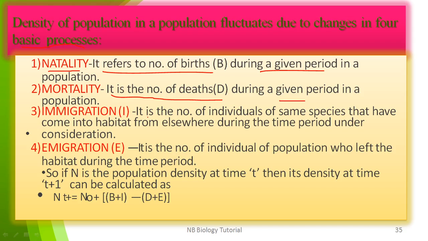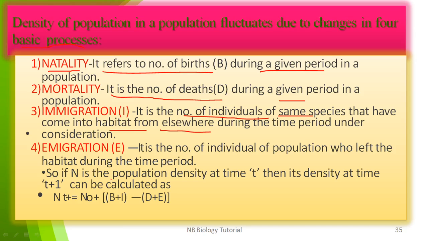Immigration is the number of individuals of the same species that have come into the habitat from elsewhere, that is, from outside, entering the habitat during the time period under consideration. Emigration is the number of individuals who have left the habitat during the given period of time.